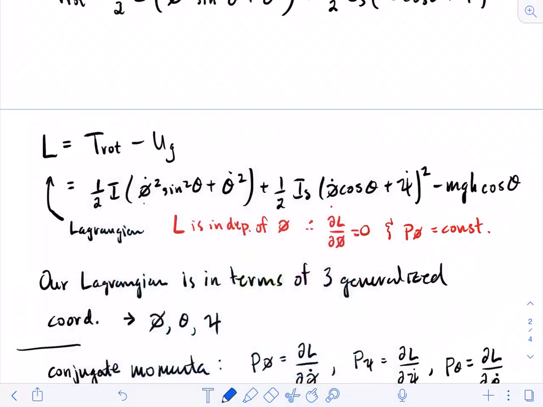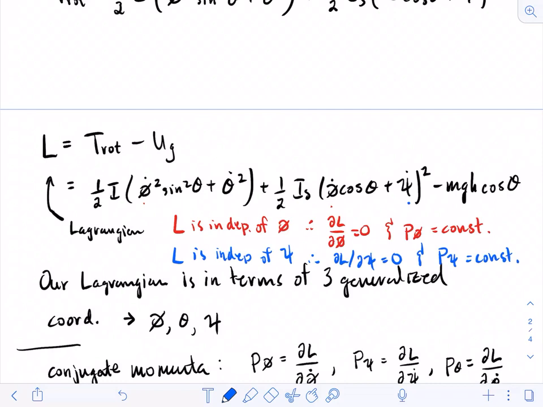We could do the same thing for psi. There's a psi dot, but there's no just psi, and so L is independent of psi. Therefore, dL/d psi is equal to 0, and p psi is equal to a constant. L does depend on the theta variable, so the conjugate momentum p theta is not a constant of the motion.